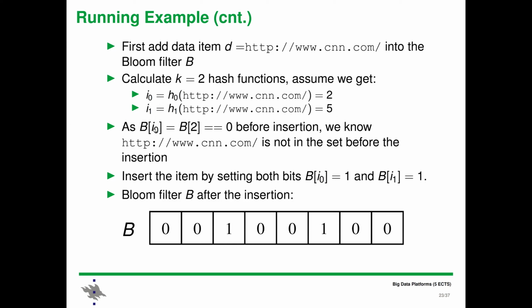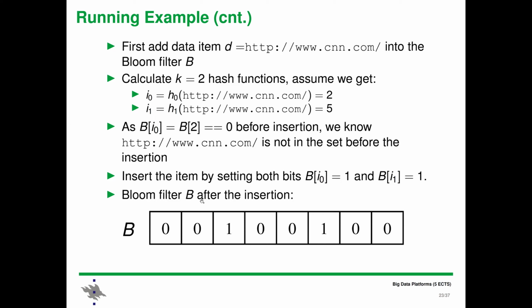Because the bit at this index used to be a 0, we know that this hasn't been inserted into the Bloom filter, and we can insert the item by setting the second bit, so 0th, 1st, second bit, and the 5th bit, 3rd, 4th, 5th bit, to 1.